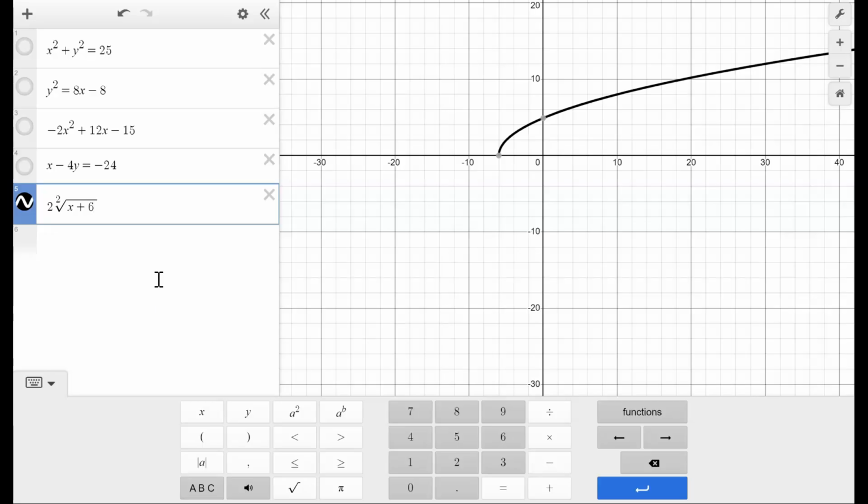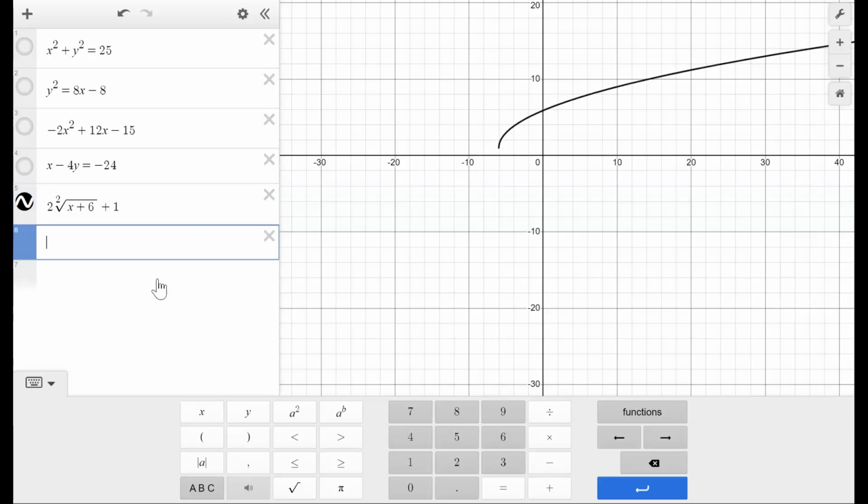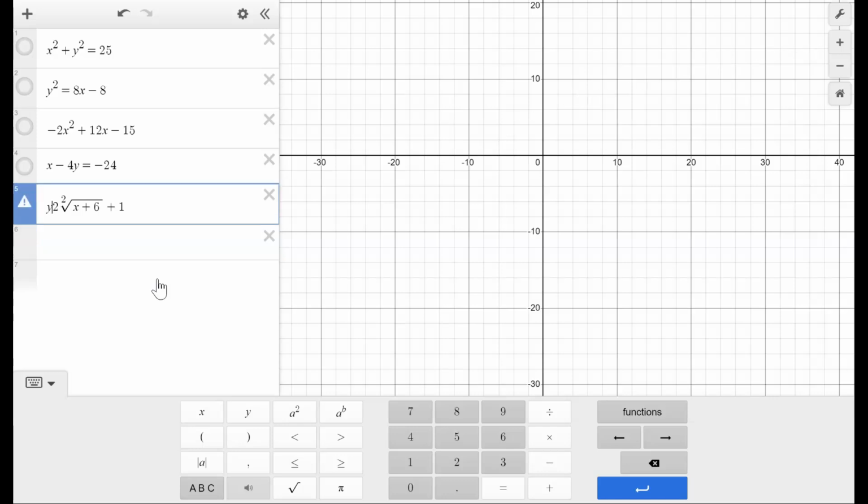And then outside of that, it's going to be plus 1. All right, since I'm writing with my stylus, I did add a 2 there just because the square root is known to have an invisible 2 there. So that's similar to just writing the square root here. Let me make sure I got this correct. So I do have y equals 2 square root of x plus 6, plus 1.